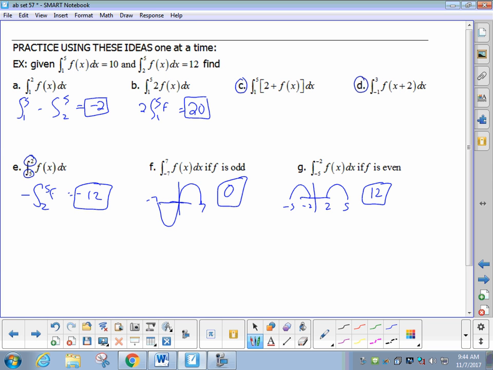People get 12 because they say, well, screw the 2, I'll just say 2 plus 10. Can you do that? Can you pull out an added factor? It's not like here where you can pull the 2 out front. I can't pull that out front. It needs to be integrated.